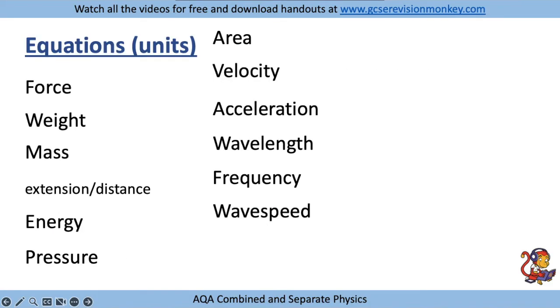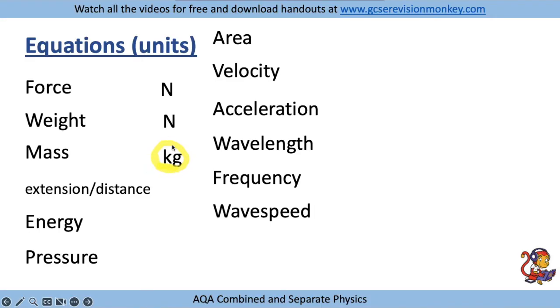So let's have a look at the units that you would need to remember for Physics Paper 2. So you might want to pause the video, have a look at those quantities and see if you can remember the units. So well done if you remember force is newtons, capital N, and weight is an example of a force, so that's newtons as well. Mass is kilograms, so that's the only thing that if you see the kilo there, leave it well alone, because kilograms is the standard unit. So you don't have to convert this quantity.